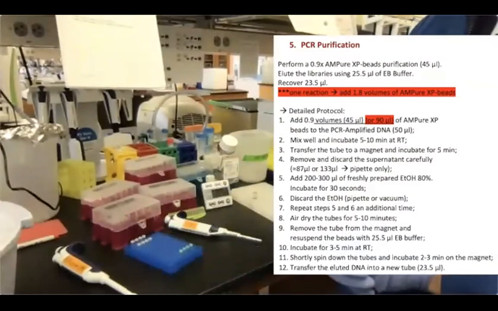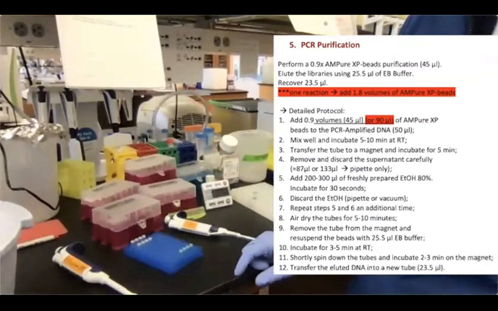One method, a normal purification, requires 0.9 volumes of beads compared to the DNA. So if our PCR product is 50 microliters, 0.9 volumes are 45 microliters, while the other sample that we're trying to push, we're going to purify it with 1.8 volumes of Ampure beads.